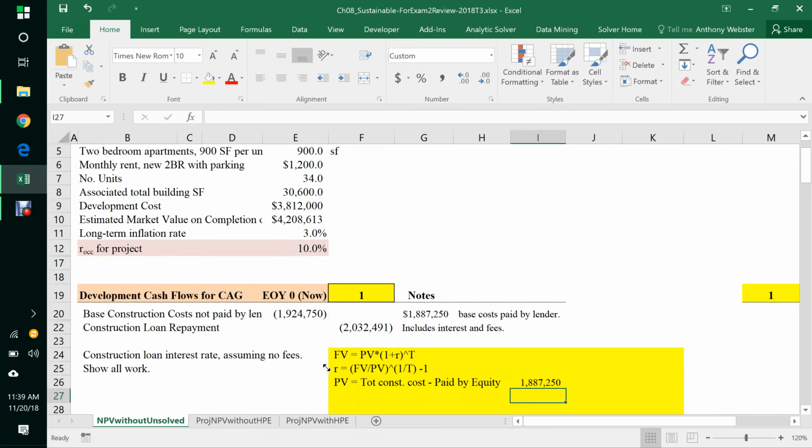What equity paid, so therefore the sponsor paid the rest, okay, the lender paid the rest, okay, and so now I can solve for R, okay, R is equal to, and I want to say minus this guy, oops, minus my future value here.